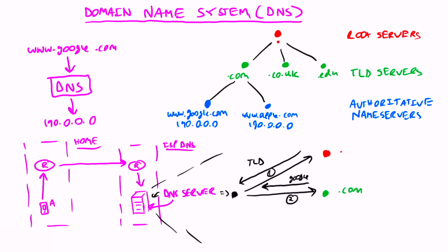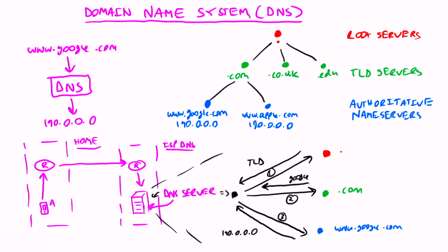And then finally, our DNS server is going to then contact the authoritative server for Google, which is www.google.com. And then finally, this server, step 3, will respond to the DNS server with our IP address, which is, as we can see here, 190.0.0.0.